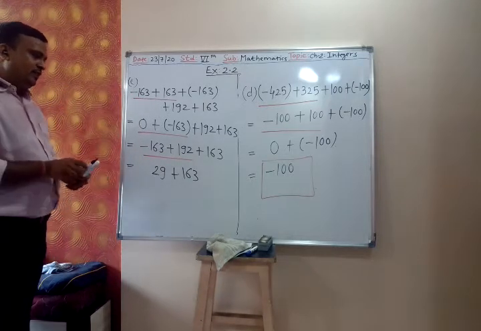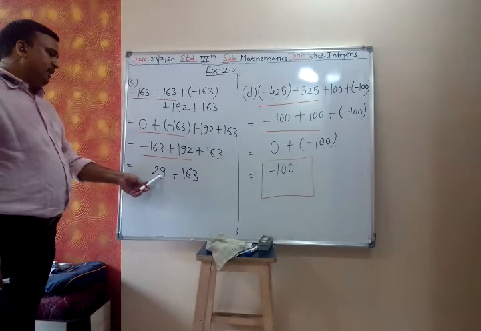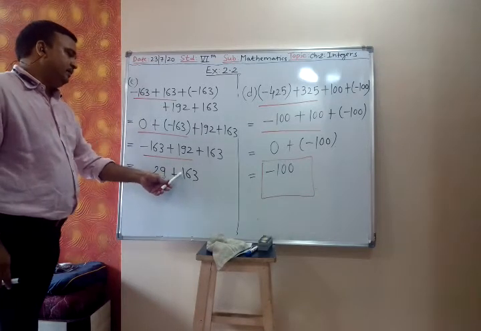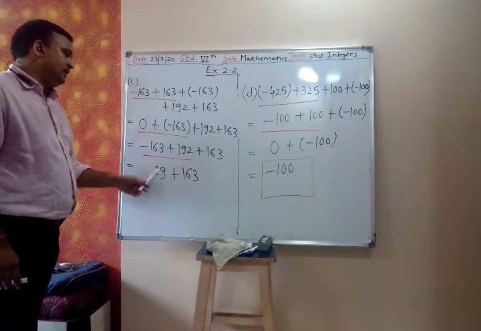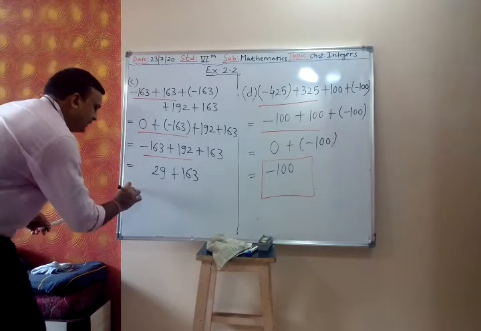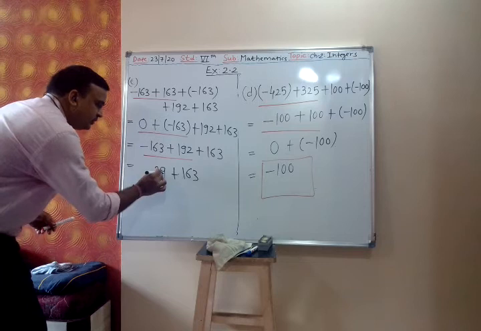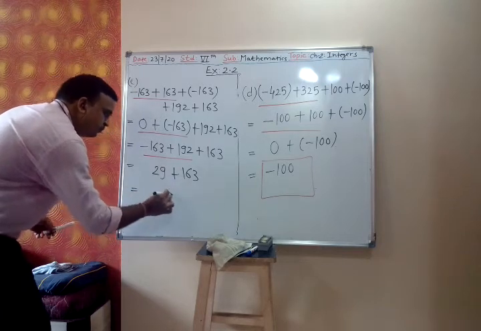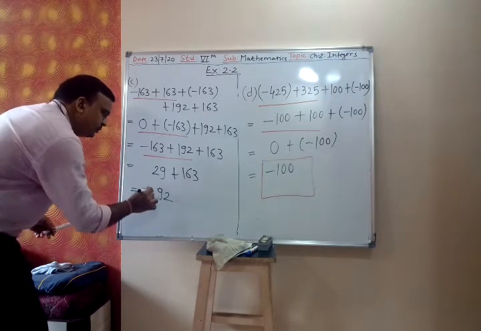Now, what is the sign of 29? Plus. What is the sign of 163? Plus. So plus plus means you have to add the numbers and write the common sign, plus. So 29 plus 163: 9 plus 3 is 12, then 192.